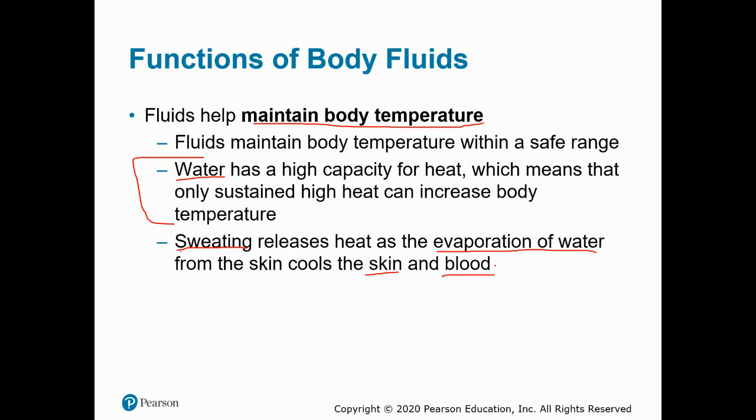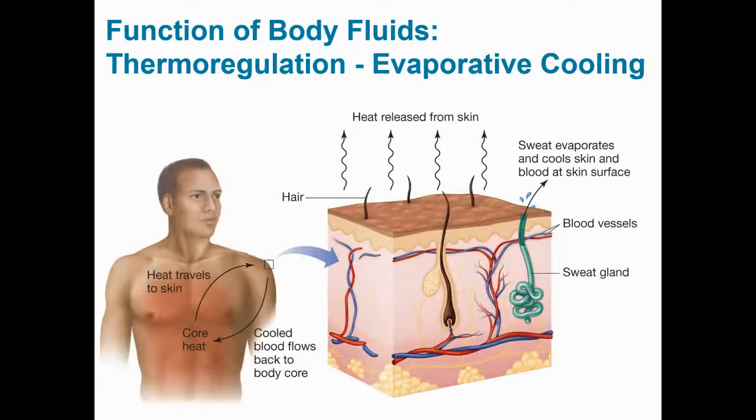And then as that blood circulates back throughout the body, it's cooler now, so we'll circulate that cool blood through the body and therefore cool ourselves down. So all of that happens because of water and our ability to lose water through the skin. So here's thermoregulation, specifically evaporative cooling.